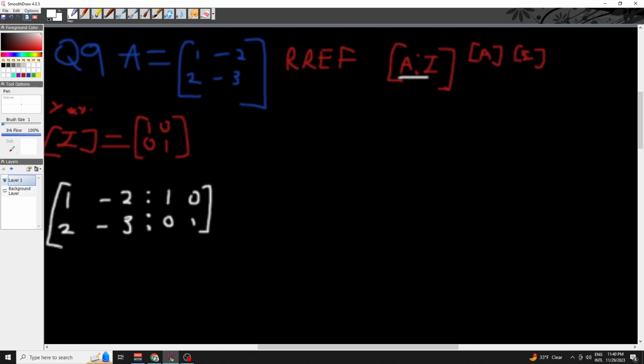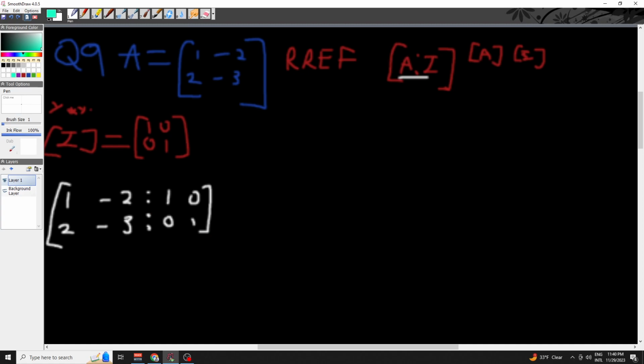Essentially, what you have to do for this problem is flip these things across the dots. So I want 1, 0, 0, 1 over here, and the other side, this part right here, doesn't really matter what happens to it, as long as I get 1, 0, 0, 1 on the left side of the dots.